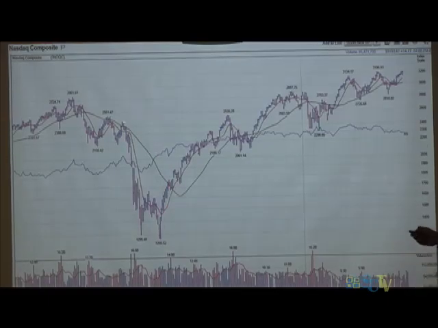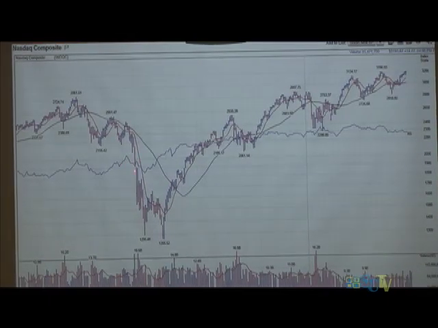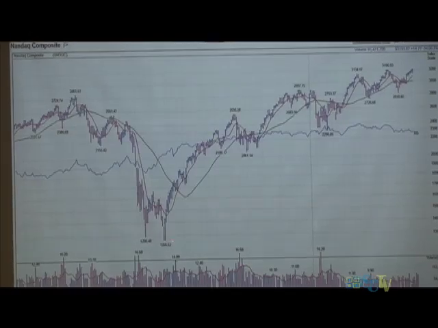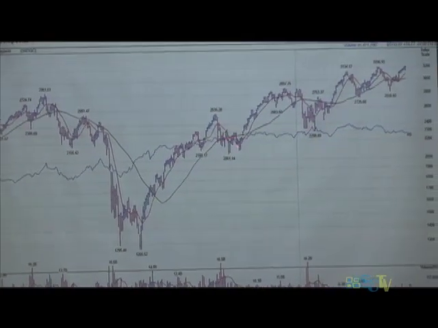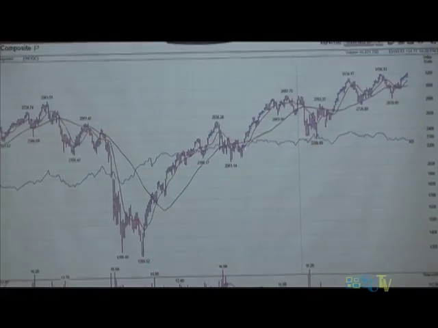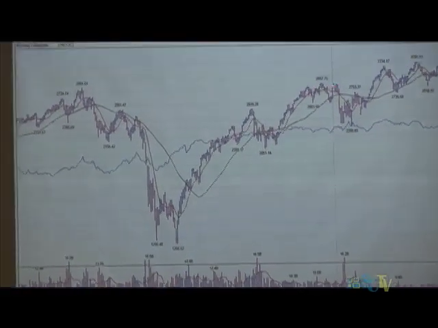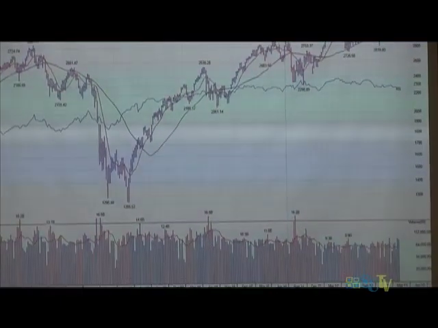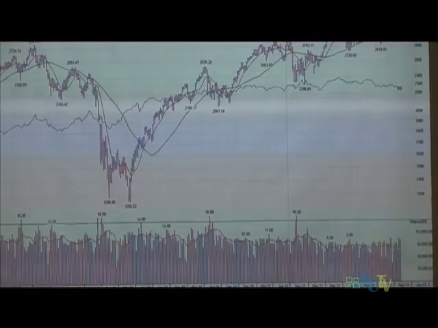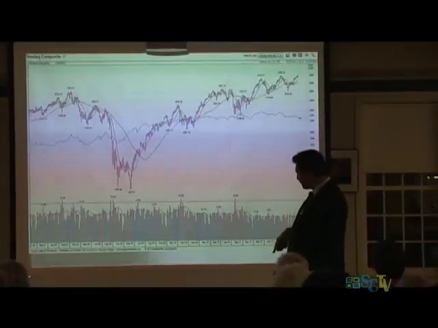So this is the credit crisis. This is the crash of 2008, and then the bottom of March of 2009, and then this is, I believe, August, September of 2010, and then there's that rally there, and then this is that tough, choppy 2011. So there's been a lot of up and down, up and down, up and down, okay?